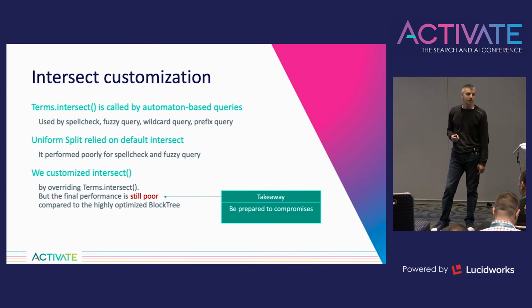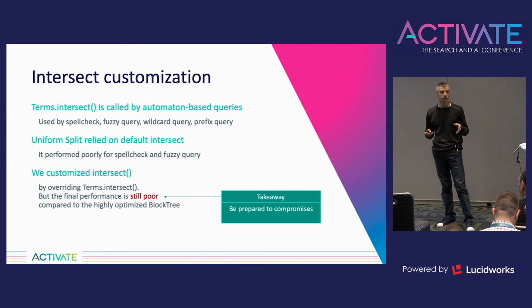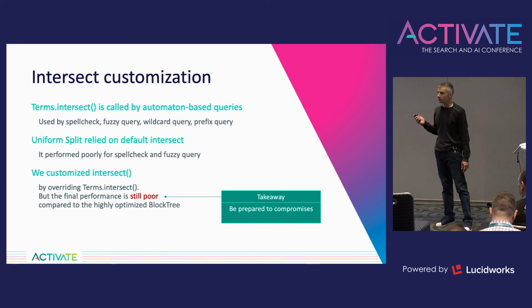Actually, we didn't reach the same level of efficiency. The final performance is still poor compared to the block tree which is highly optimized for the fuzzy query. This is a compromise, and we knew we had to be prepared to make compromise.